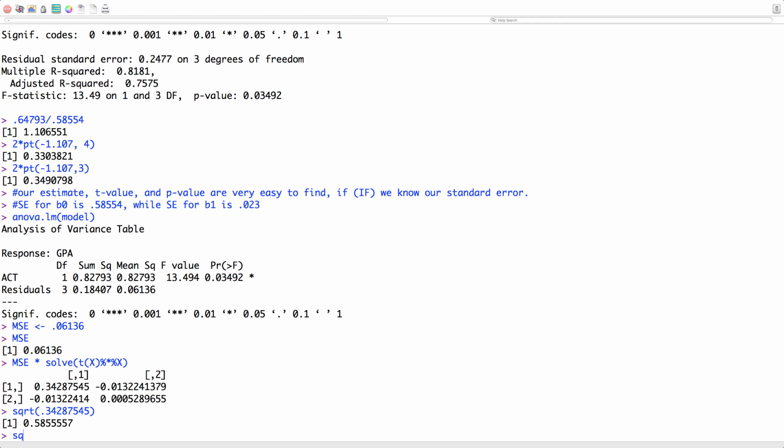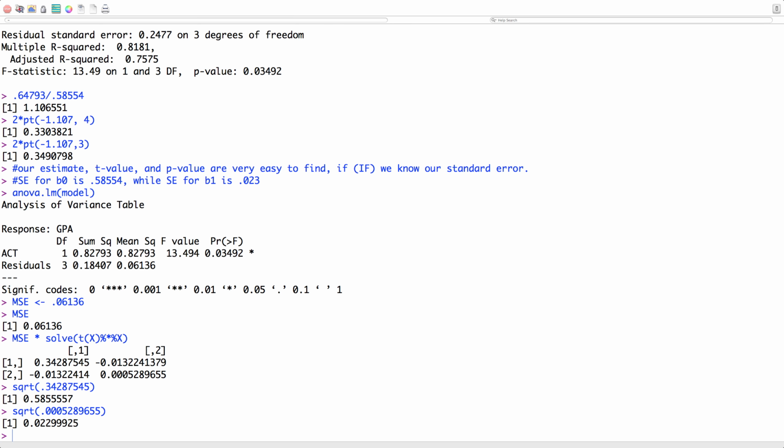And guys, if you take the square root of 0.005289655, you're going to get 0.023, which is the standard error that we expected for beta 1.